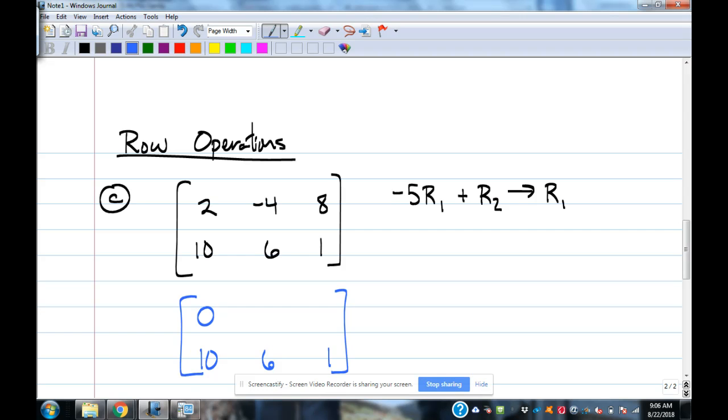Okay? It sounds like it's rocket science. It leads to rocket science, but it ain't rocket science. Okay? -5 times -4 plus 6, 26 goes right there. -5 times 8 plus 1, -39.